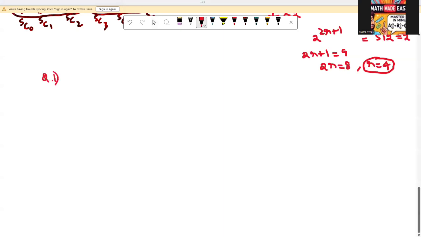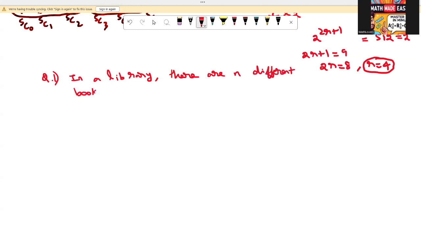Question 1, we are saying in a library there are n different books on mathematics.